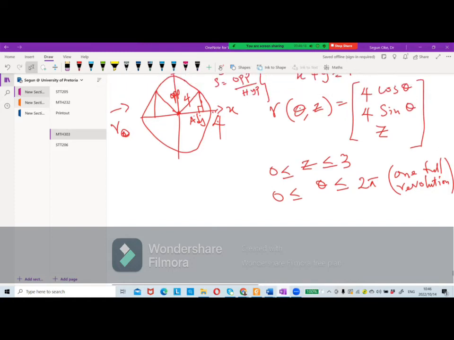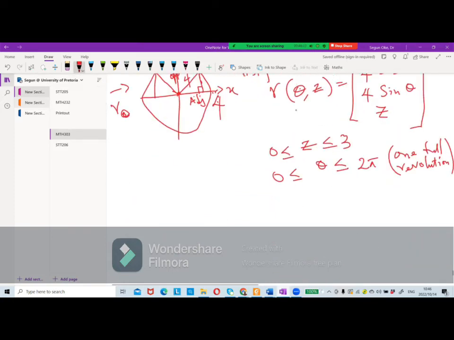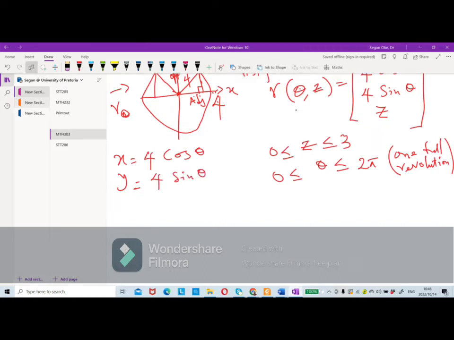So all we are saying is X is equal to 4 cos theta, Y is equal to 4 sin theta, and Z is equal to Z. So these are the things I put here. So it's not that big. I've not done anything serious. So I will now begin to differentiate.